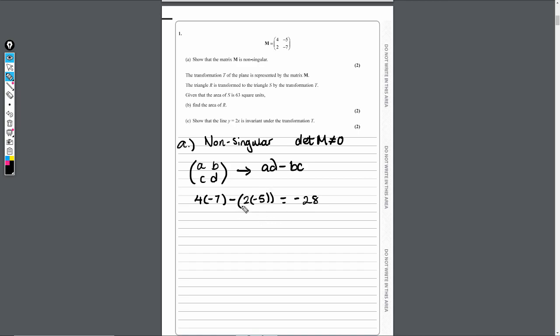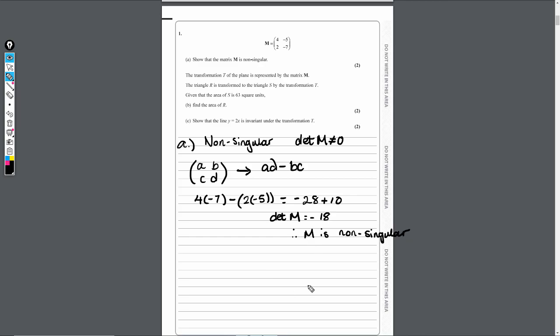So that's minus 28, minus minus 10, which is the same as add 10. So minus 28 plus 10 gives us minus 18. Because this is the determinant of M, det M is equal to minus 18, so therefore M is non-singular, because we've shown that the determinant is not equal to 0.